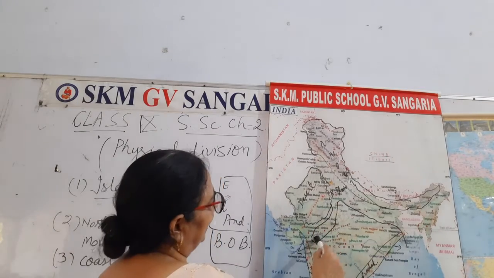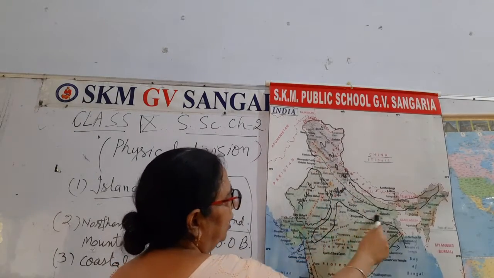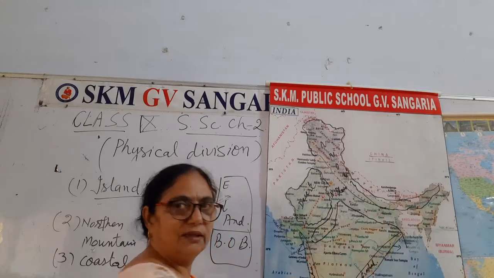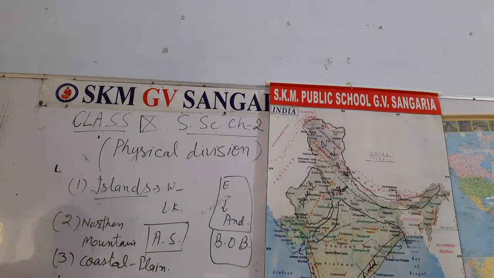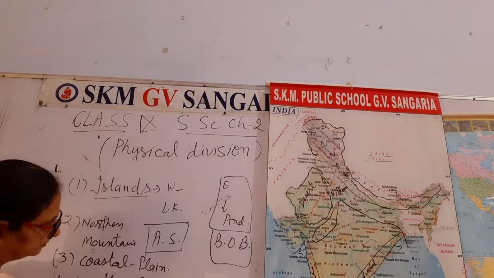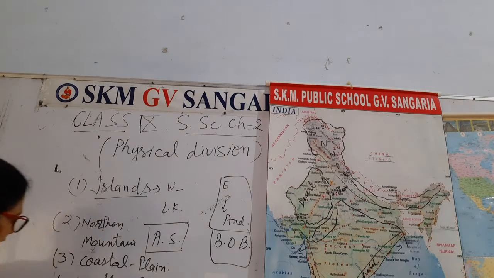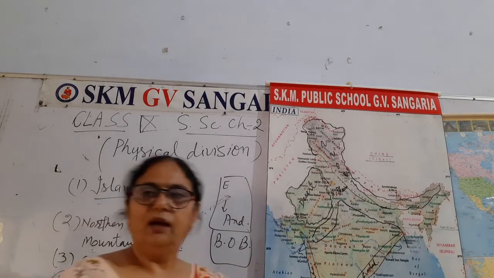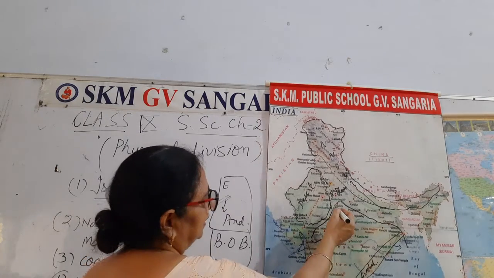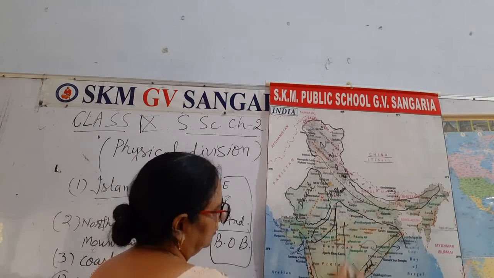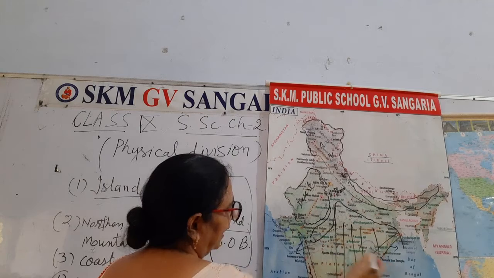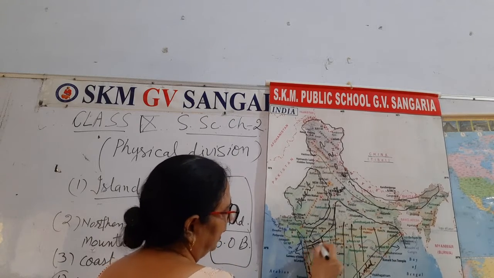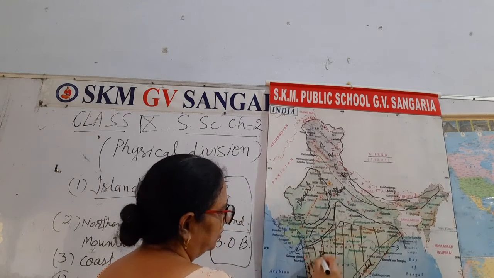Then whatsoever was left, that we have divided into northern plains. Fourth one is northern plain, and fifth one I have located desert. And very interestingly, whatsoever is left, that whole area is covered by plateau.